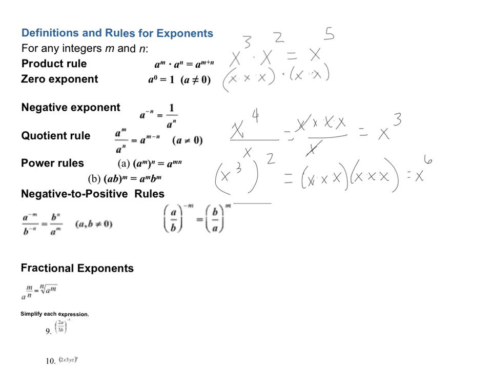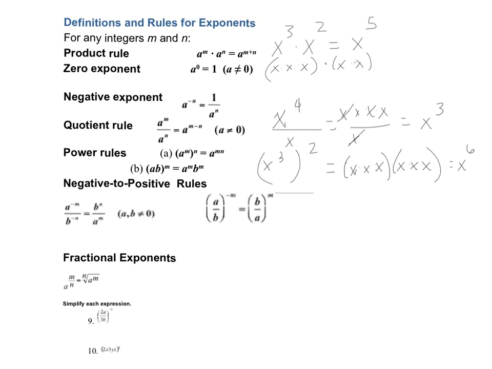Now, I want to use the quotient rule to explain something being raised to the 0 power. Okay, so now that we know the quotient rule, let me ask you what we could do with something like x to the 3rd over x to the 3rd.